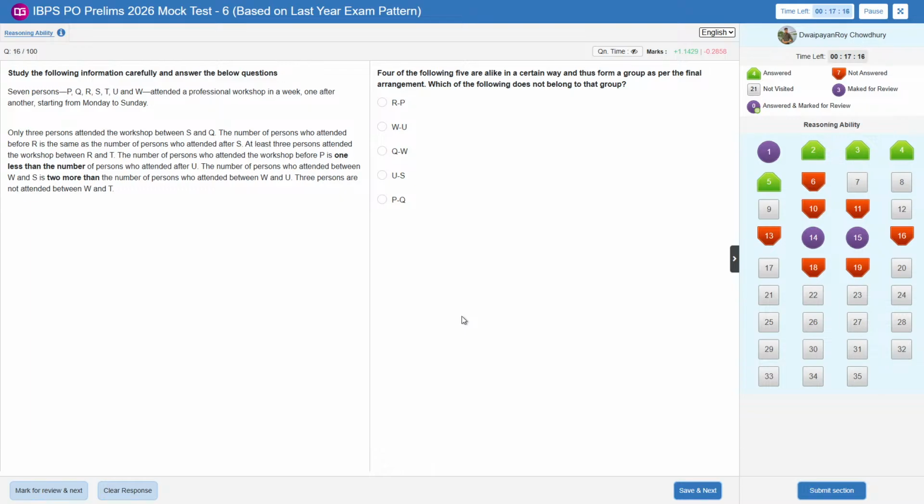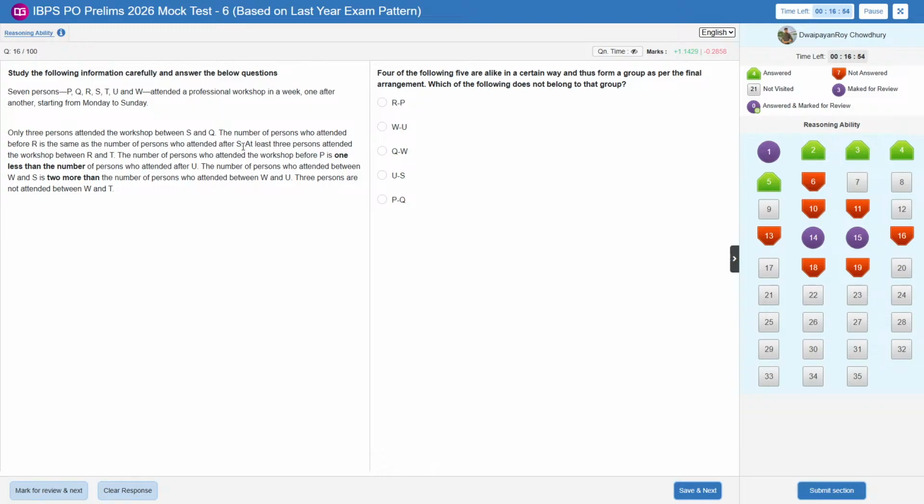Then again this side, 1, 2, 3, Q and R. Okay, two flip positions. Then I have S and Q, right? So S at the very last, R here, and Q, 1, 2, 3, Q.